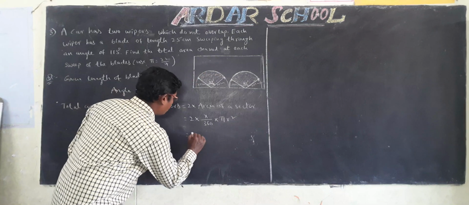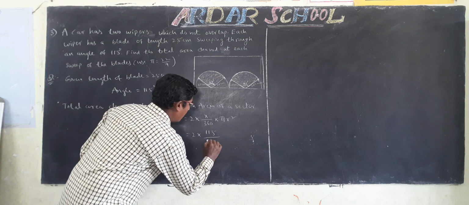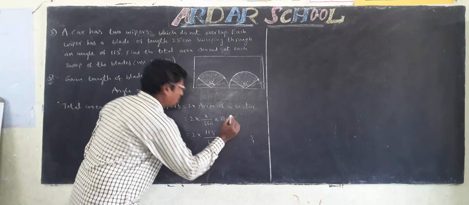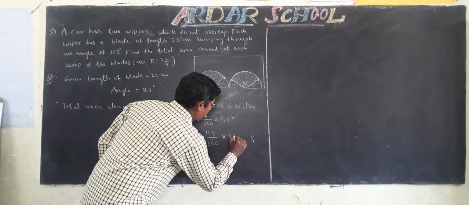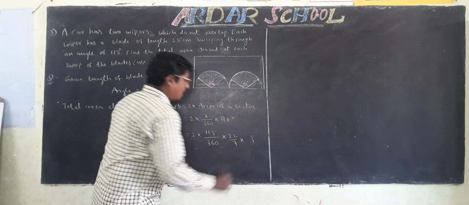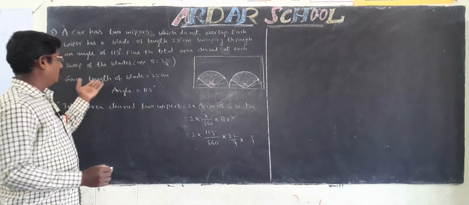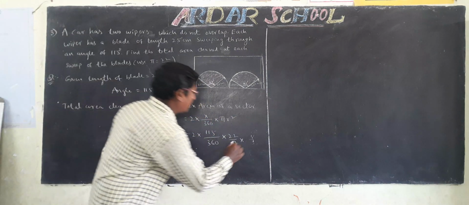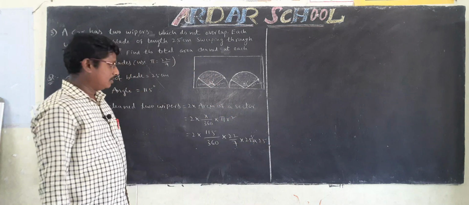So 2 into 115 by 360 into pi value 22 by 7, and the radius is the length of the blade, so 25 into 25.